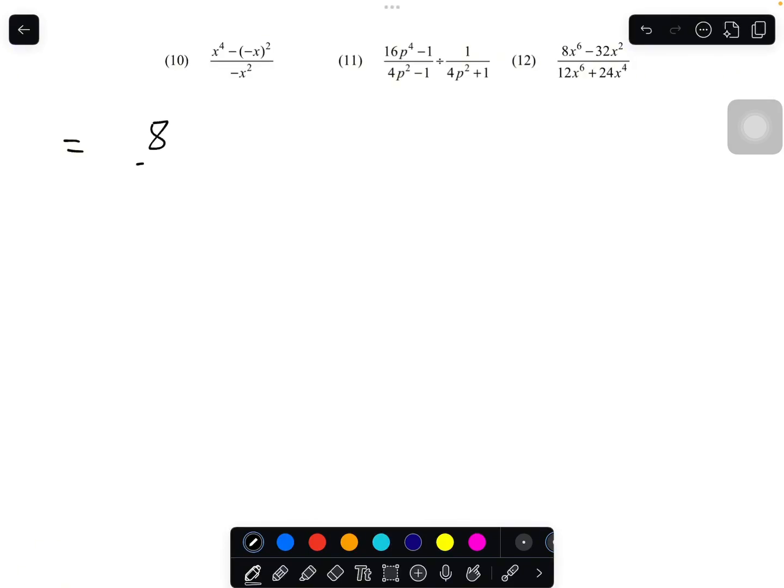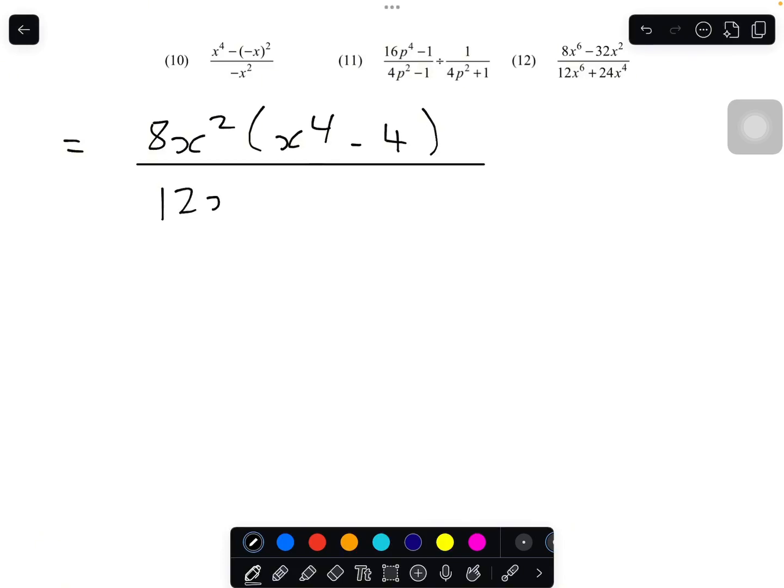We'll go 8 into 8x squared into x to the power 4 minus 4, into 12x to the power 4 into x squared plus 2.